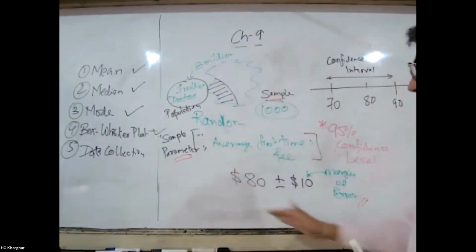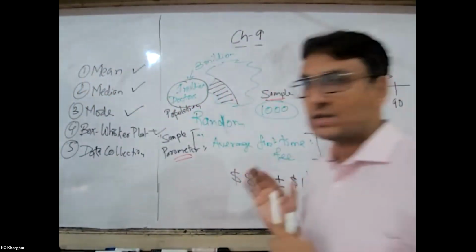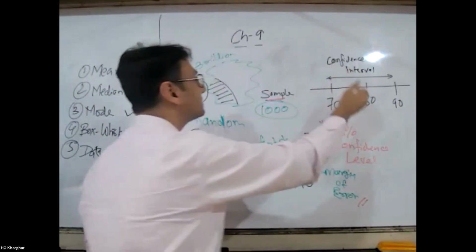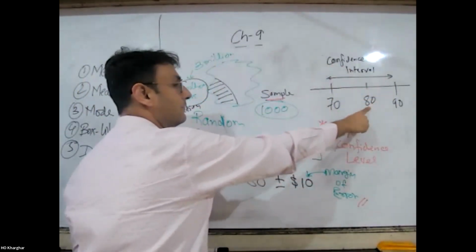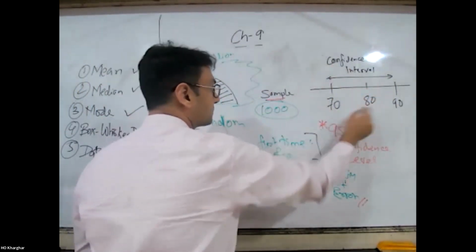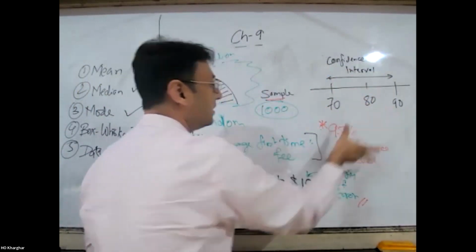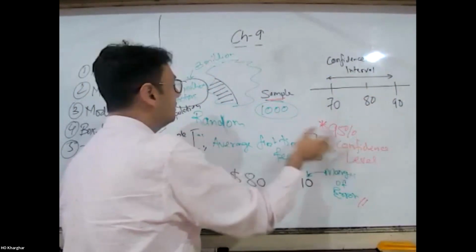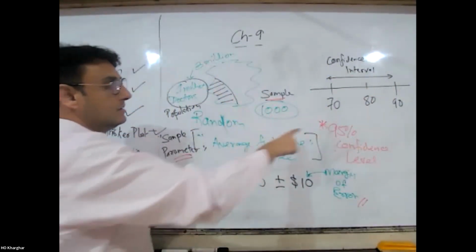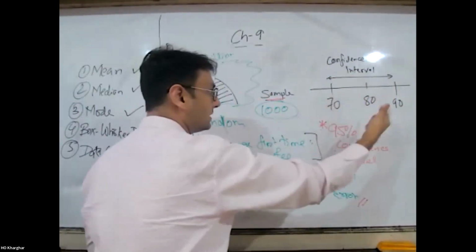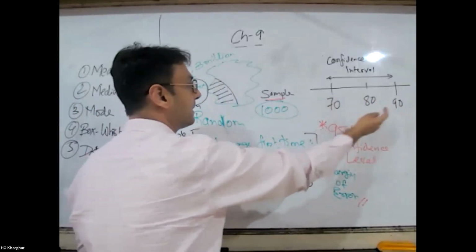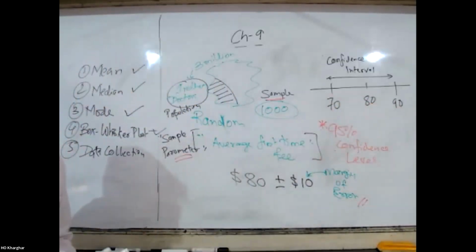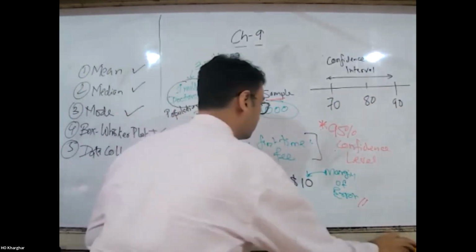Confidence interval is the average or the sample parameter plus minus the margin of error. Confidence level is the claim that a researcher makes that for a similar study, if done, the average or similar sample parameter would lie in this interval. Okay.